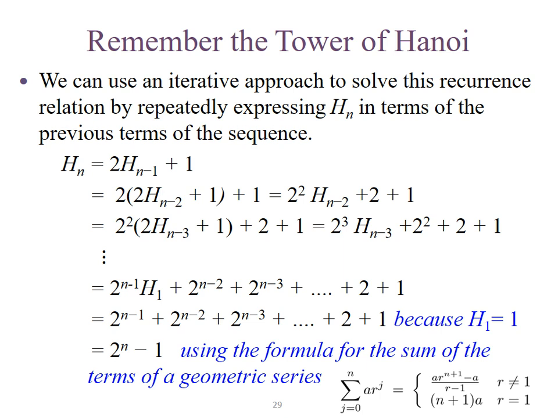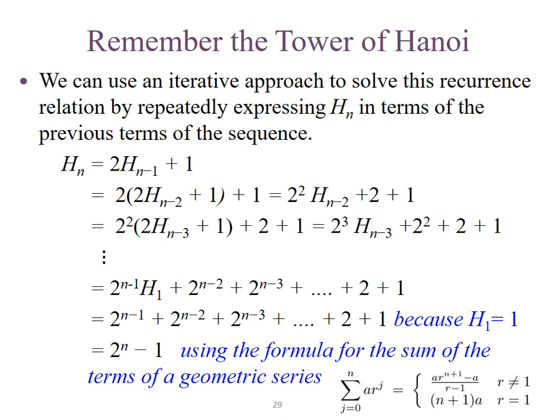We apply the substitution method, right? Because once we have Hn equals 2 times Hn minus 1 plus 1, then we can replace Hn minus 1 by this recurrence relation again, using 2 times Hn minus 2 plus 1. Then we can apply this substitution in each step. In the end, we will have 2 to the n minus 1.